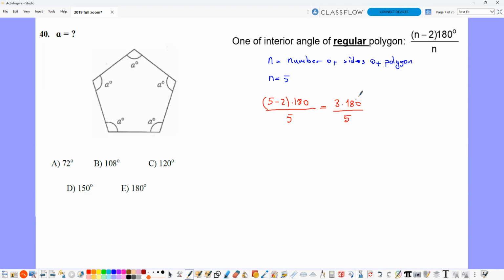And 180 and 5, both of them are divisible by 5. When 5 is divided by 5, it's equal to 1. This is going to be 36. So 3 times 36 is equal to 108 degrees. So the answer is B.